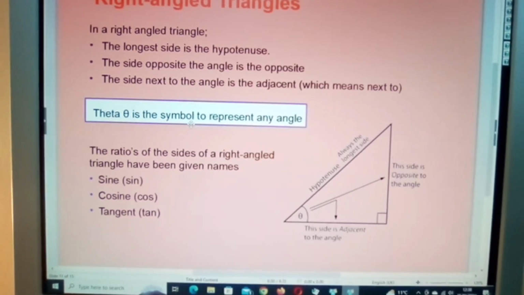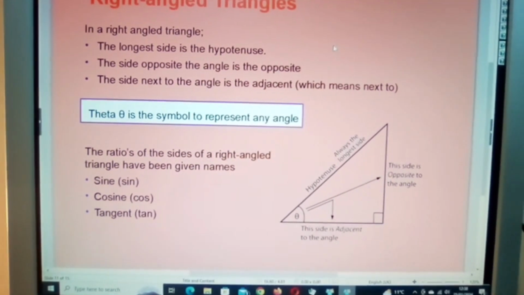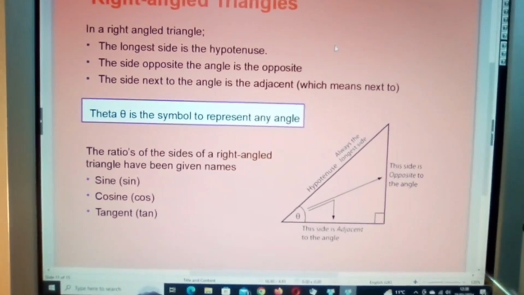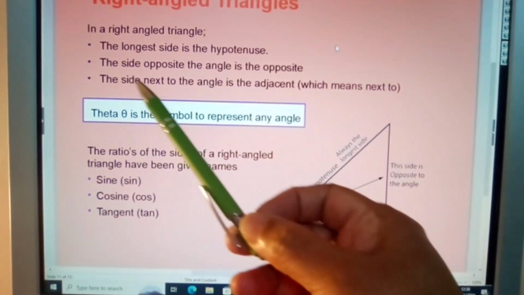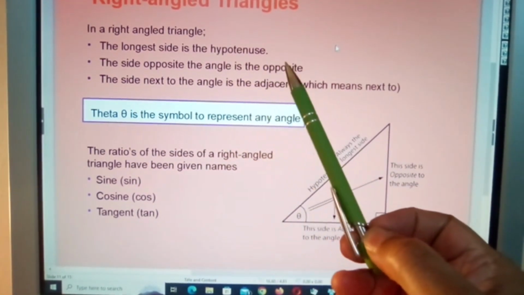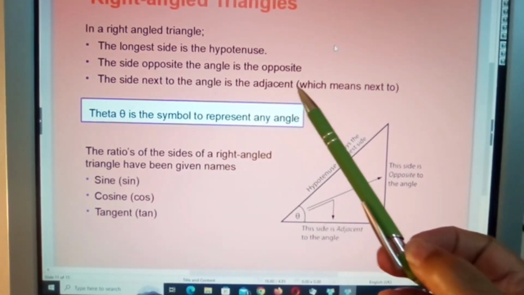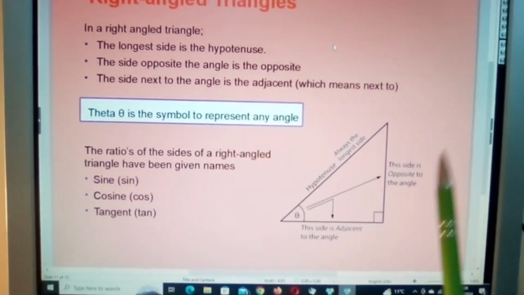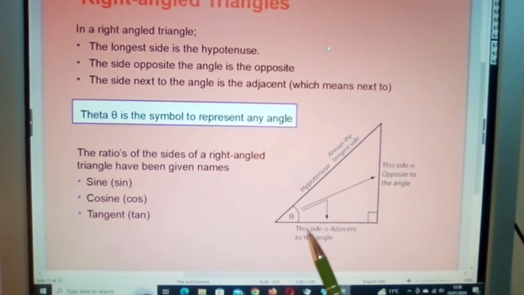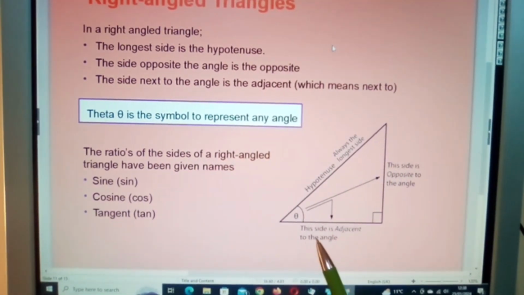Right angle triangles. In a right angle triangle, the longest side is the hypotenuse, the side opposite the angle is the opposite, and the side next to the angle is the adjacent, which means next to. This side is adjacent to the right angle.